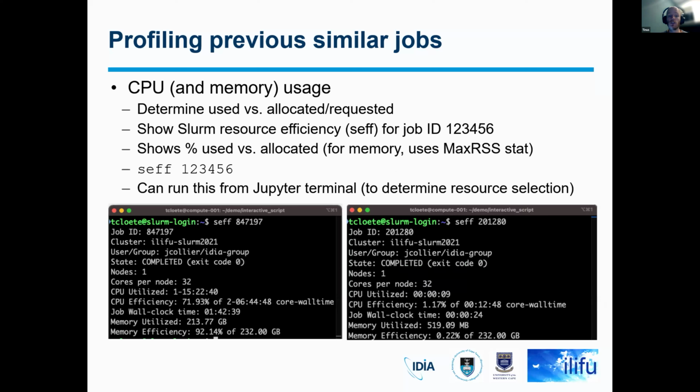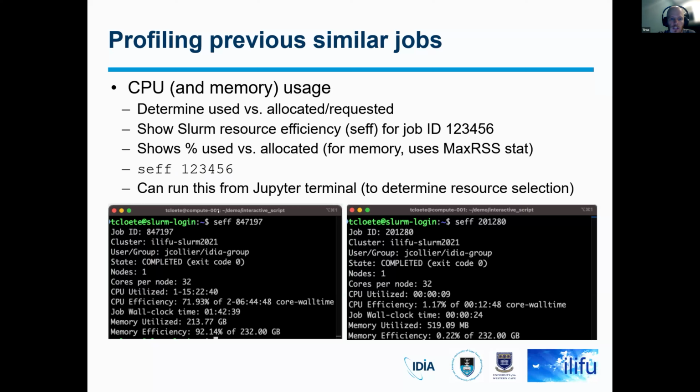What this will do is it'll compare your allocated CPUs, how many of the CPUs you requested were used, basically. And it actually shows this as a percentage. So for instance, if I wanted to monitor this job 123456, I could just run seff 123456 on the cluster. Note though that this does require the job to have been completed. So this is not for a live job.